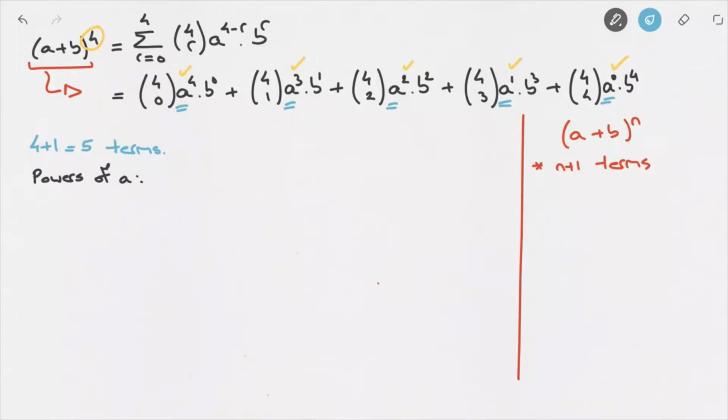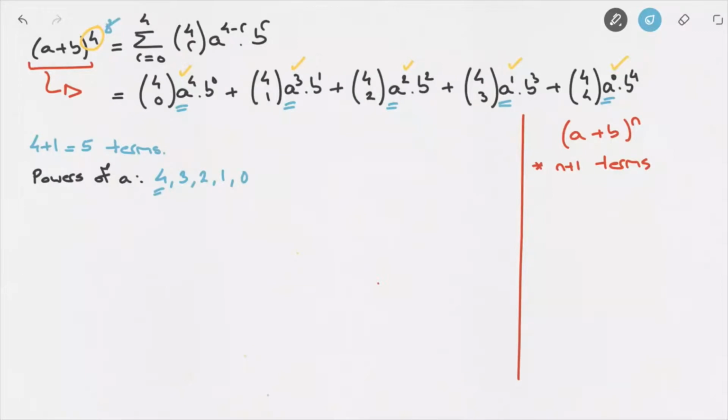In other words, the powers of a are going 4, 3, 2, 1, 0. And it started at 4 because we were raising this binomial to the power of 4.